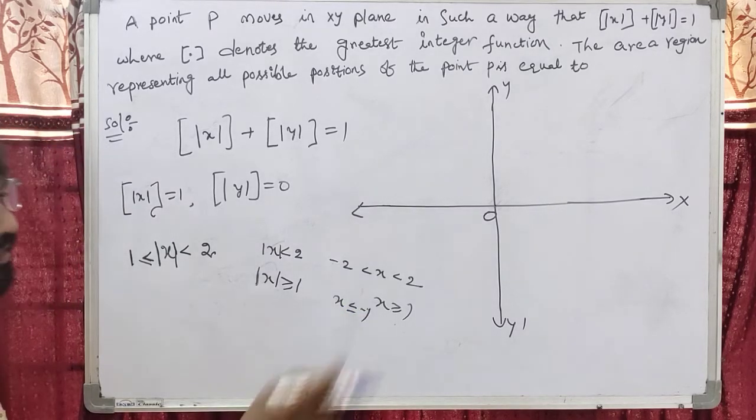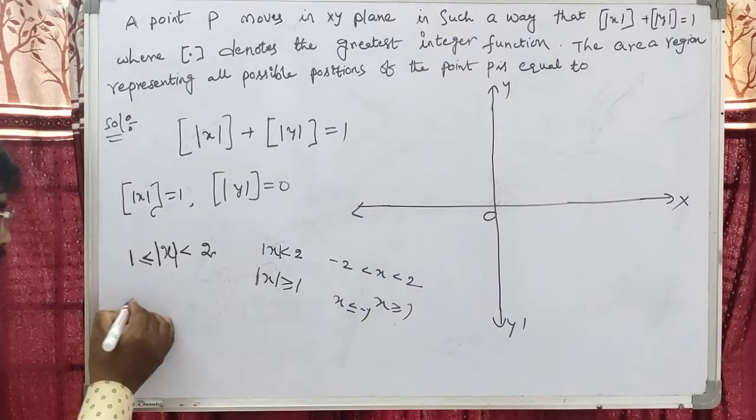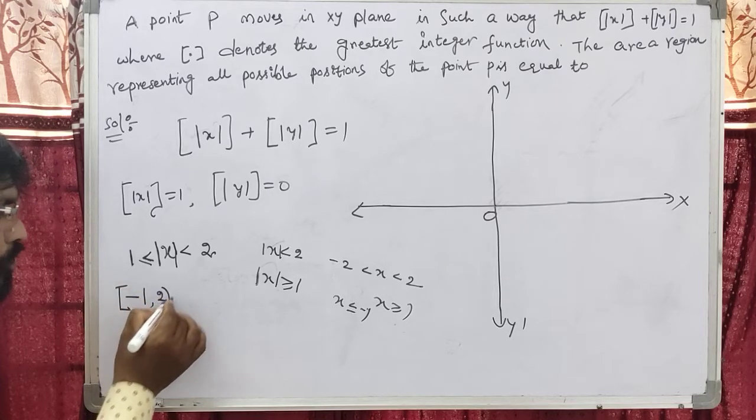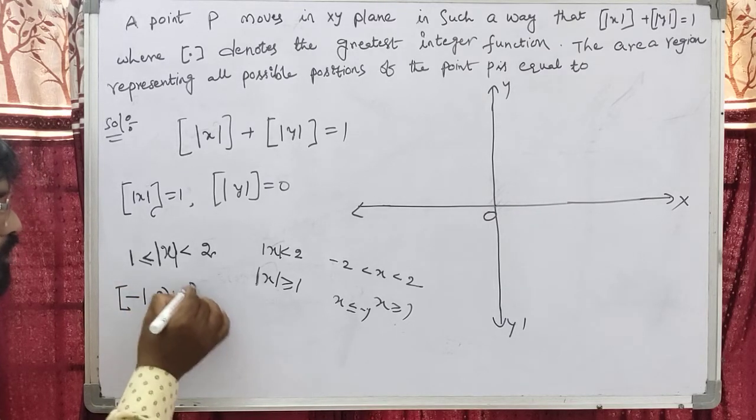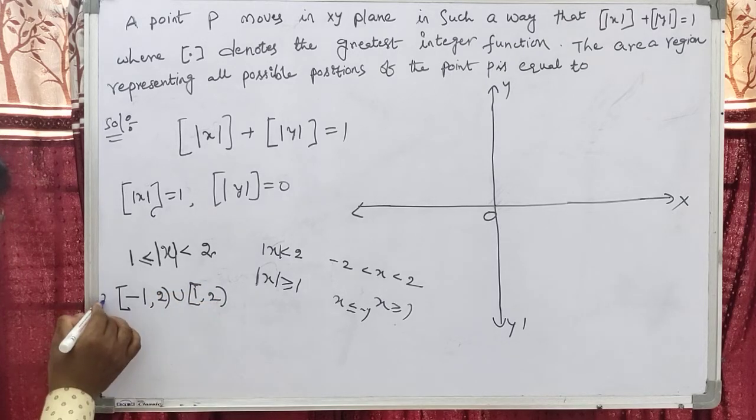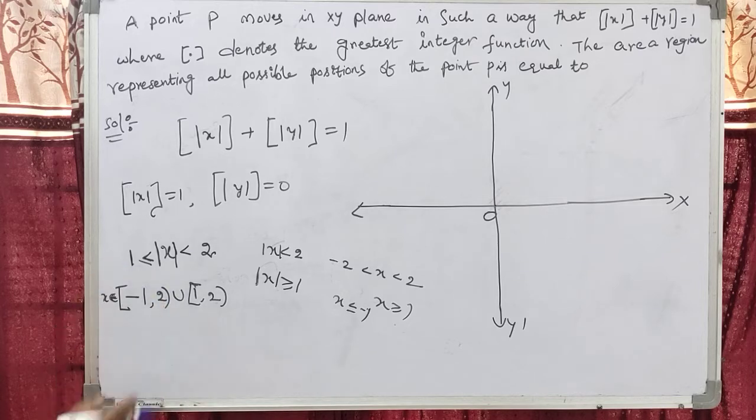Dear students, the intersection of these, directly you can write: minus 1 closed, open 2, union closed 1 to 2. These are the values x belongs to. Okay students, this is the value of x. Whether it is right or wrong, you can check it.